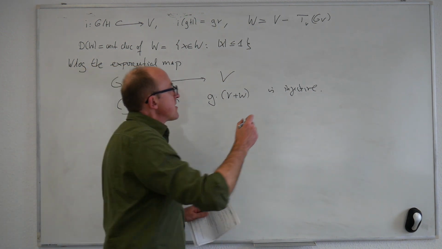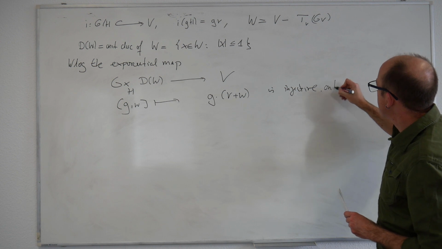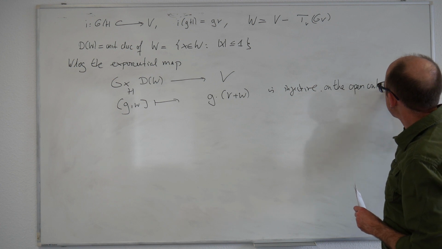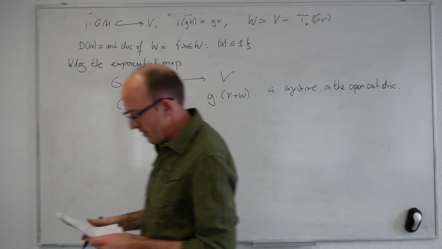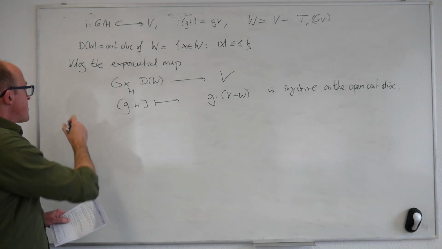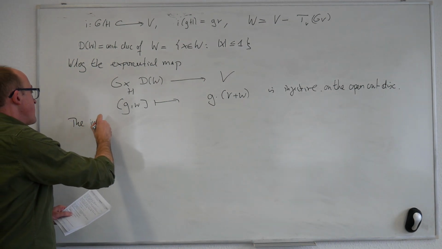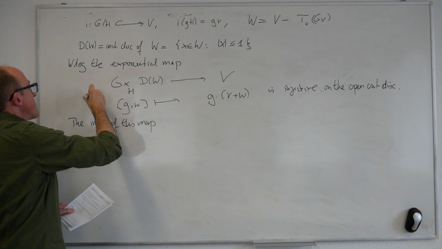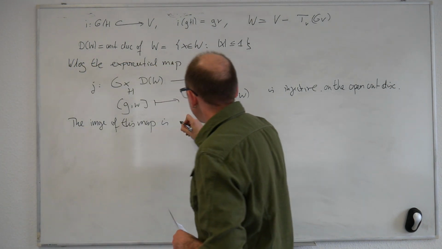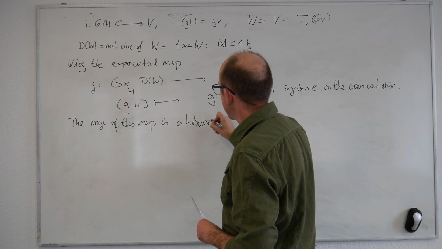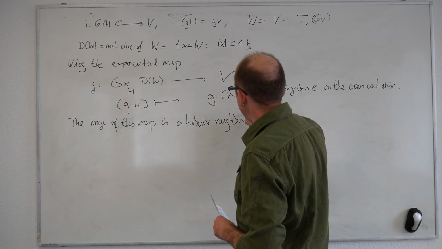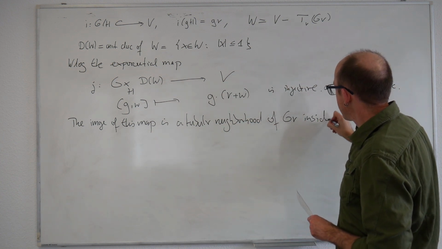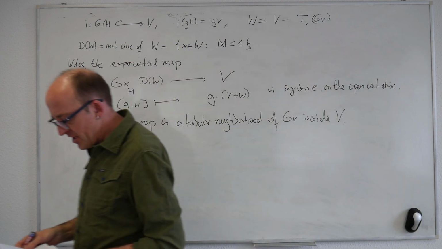And actually, it's enough, in particular, if I want to treat a particular example later, to have this injective on the open unit disk, where the vectors have length strictly less than 1. So the image is then the tubular neighborhood of the orbit. The image of this map, which I want to call little j, is a tubular neighborhood of the orbit Gv inside V, and by definition it's a G invariant tubular neighborhood.